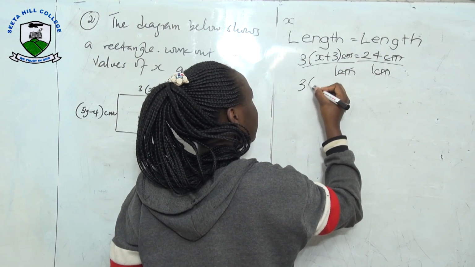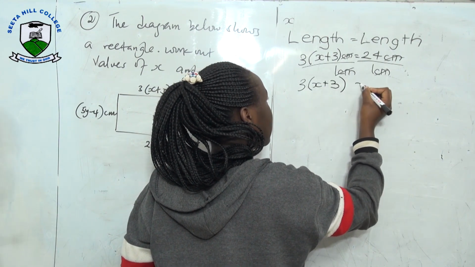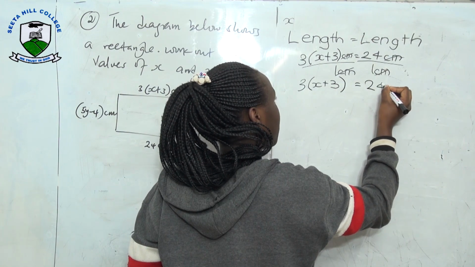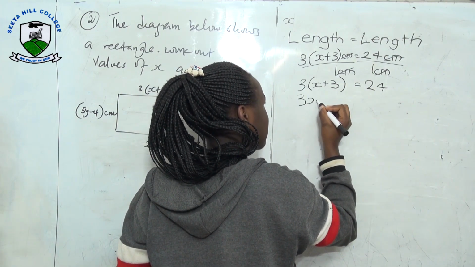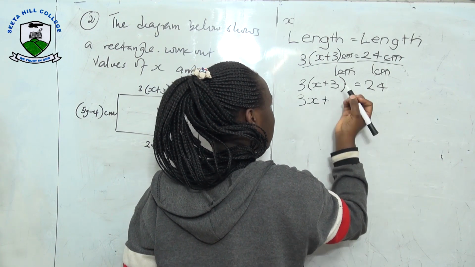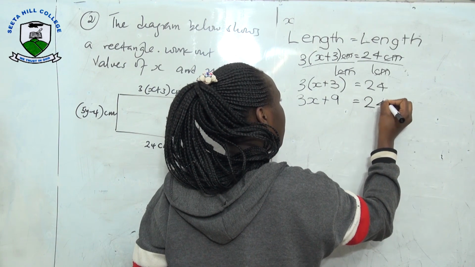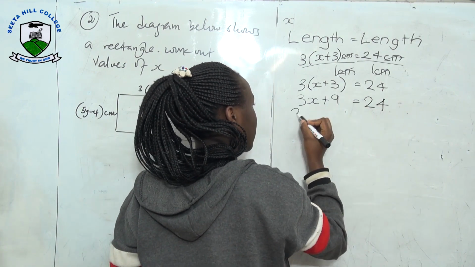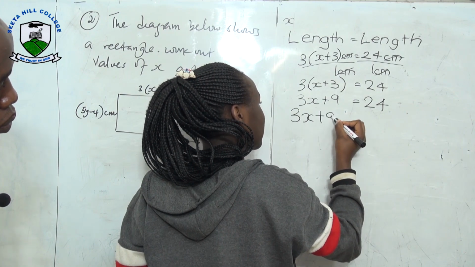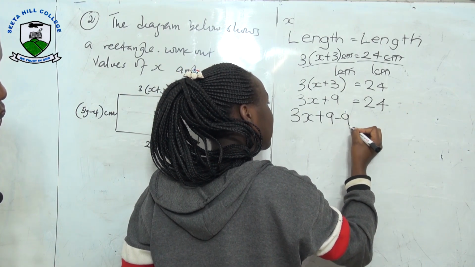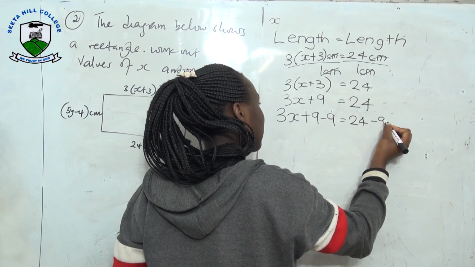So 3 into bracket x plus 3 equals to 24. So 3 times x, which is 3x, plus 3 times 3, which is 9, equals to 24. So 3x plus 9 minus 9 equals to 24 minus 9.